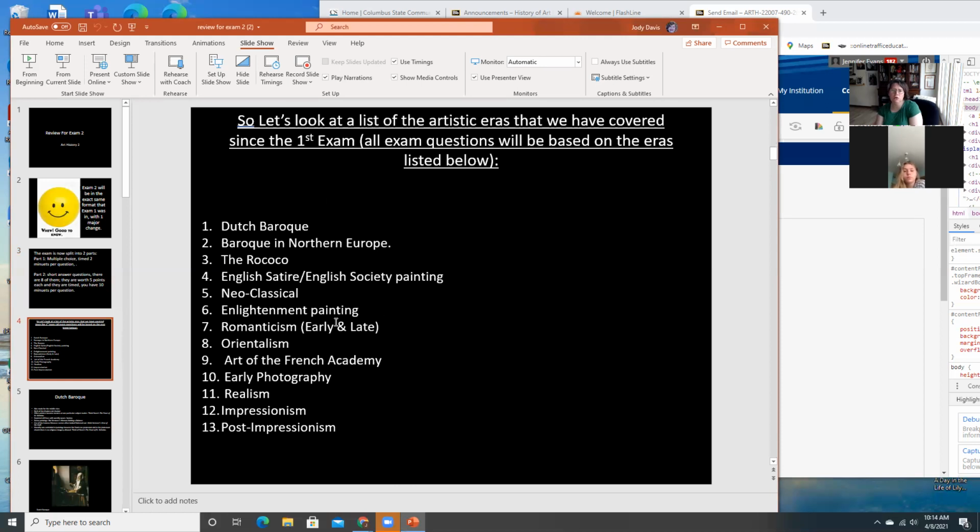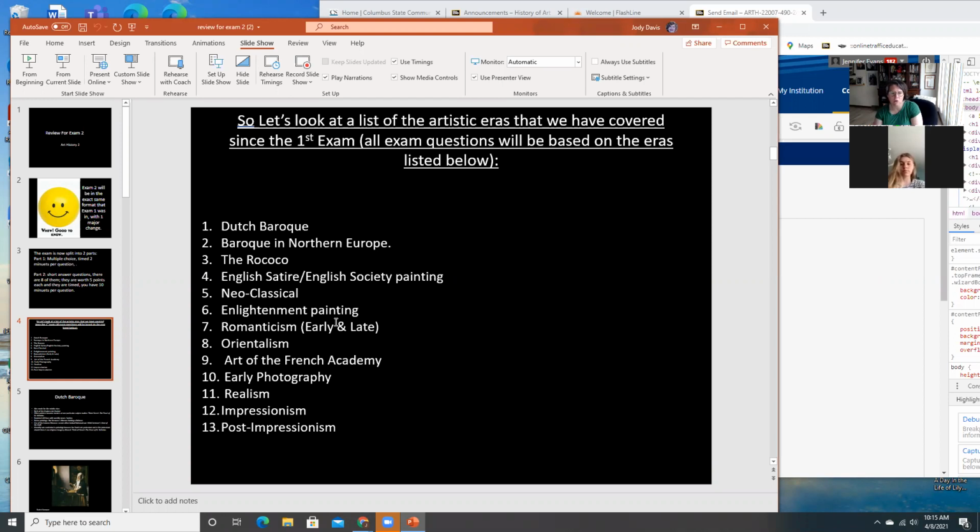All right, so if we look at the eras that we've covered since the first exam, there are 13 of them. Some of them more distinct than others, and I think they'll be a little bit easier for you to tell which one is which when you get to looking at the slides with me. So first we talked about the Dutch Baroque in Northern Europe.